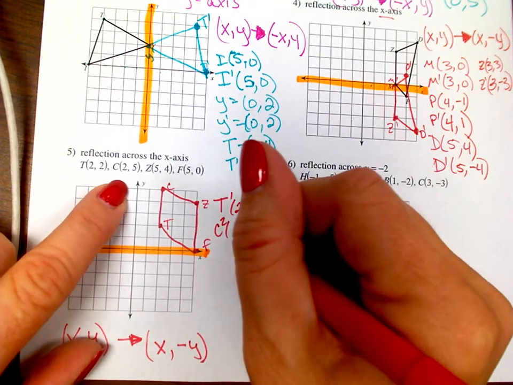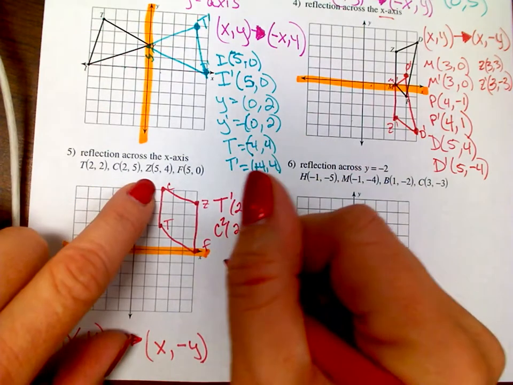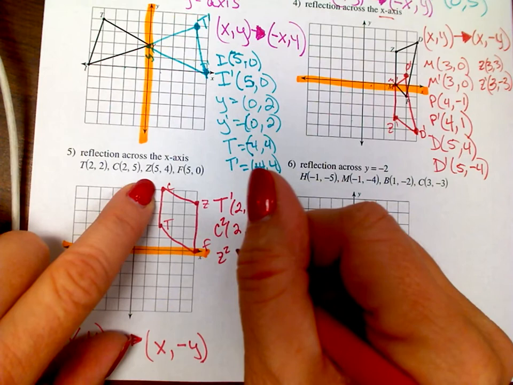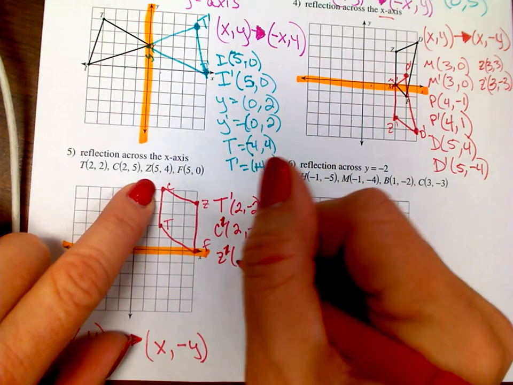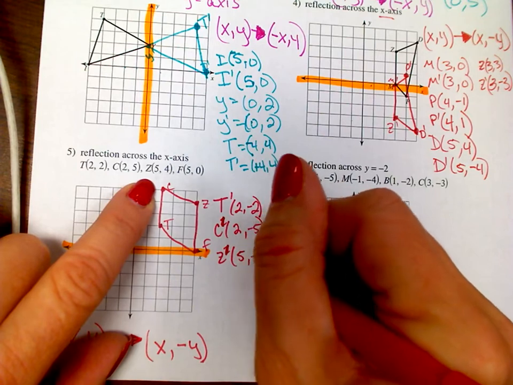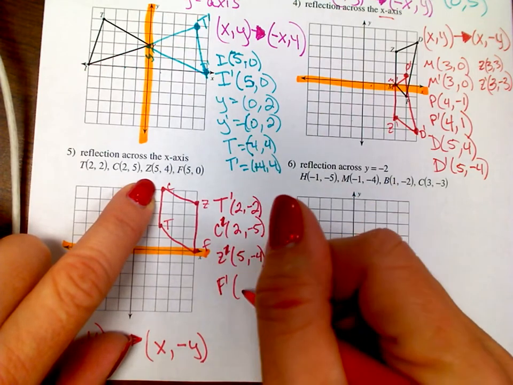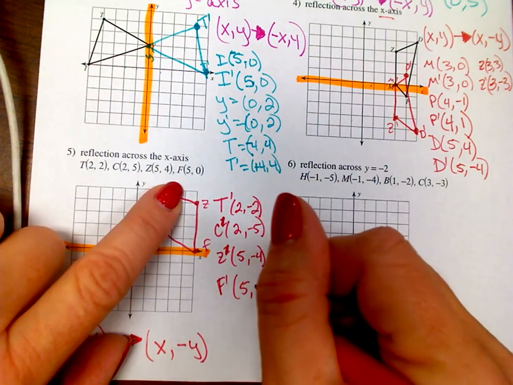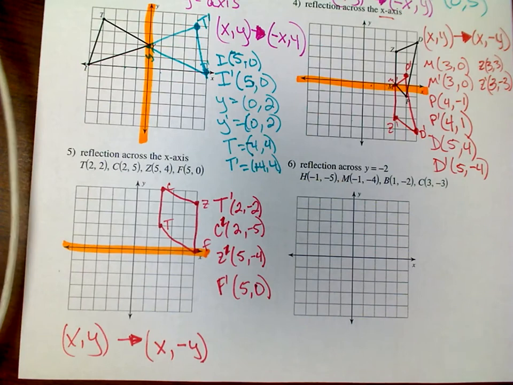C prime will be 2, -5. Z prime, oops, I'm doing exponents, will be 5, -4. And F prime will be 5, 0, because 0 is the opposite of 0.